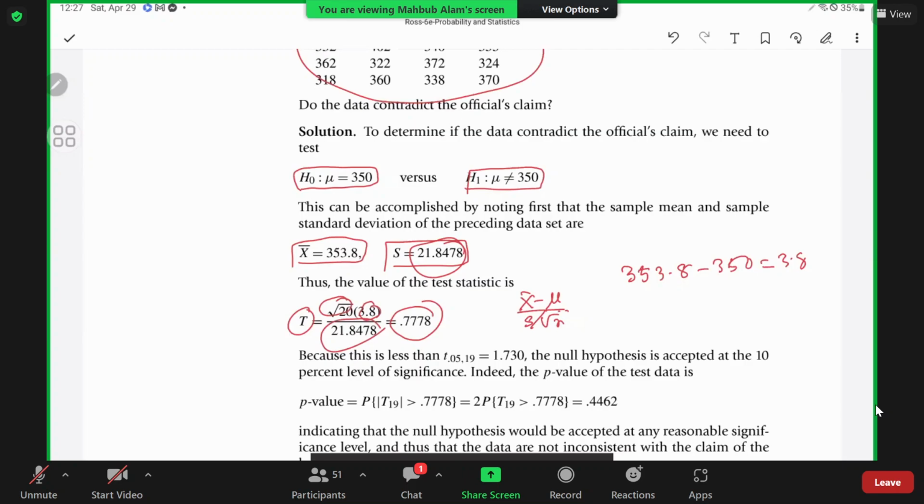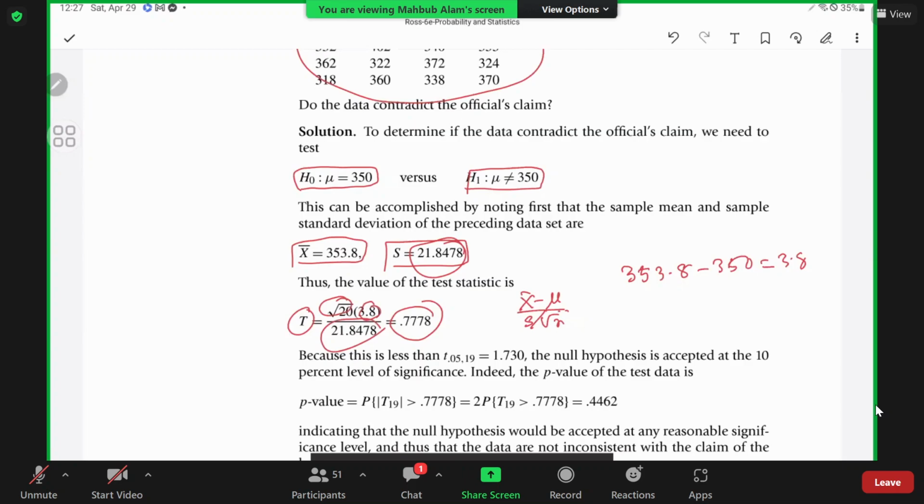Third one, we test the hypothesis concerning the equality of two different means from two different populations. Here we want to test the hypothesis concerning a parameter which is the variance. Our null hypothesis is that the variance is equal to a given one, and the alternate hypothesis is that the variance is not equal to the given one.